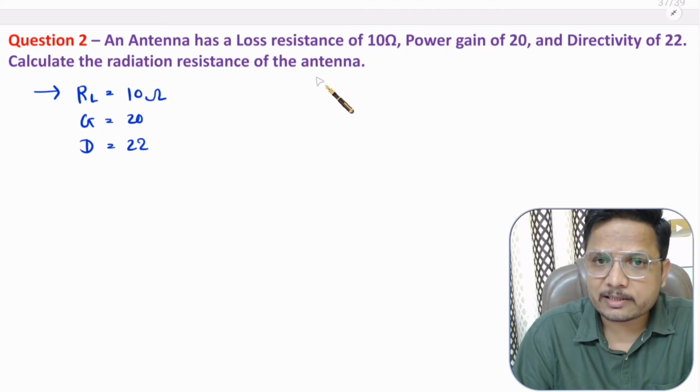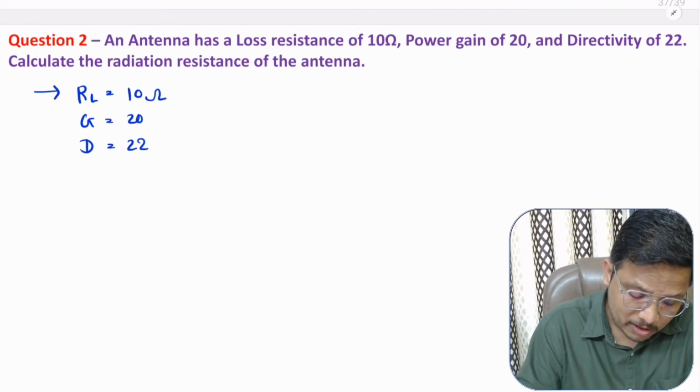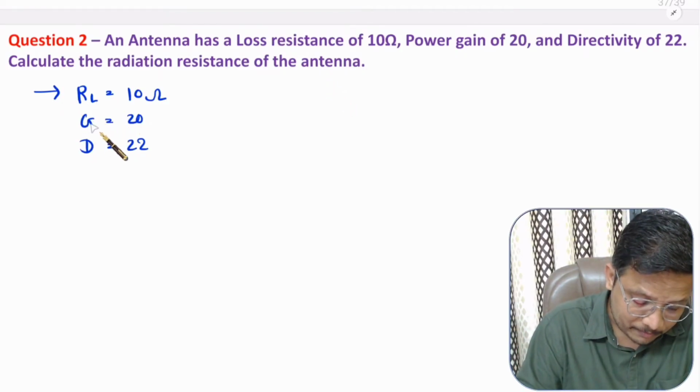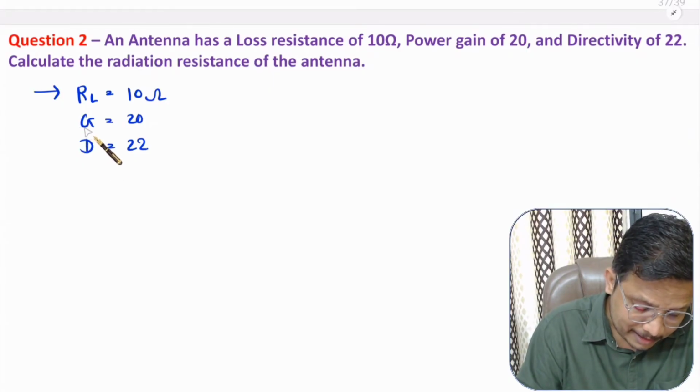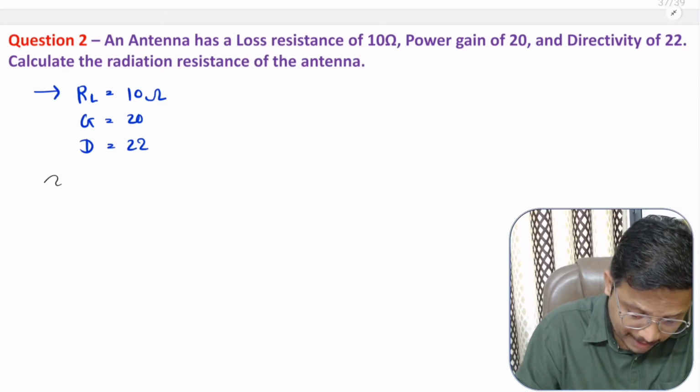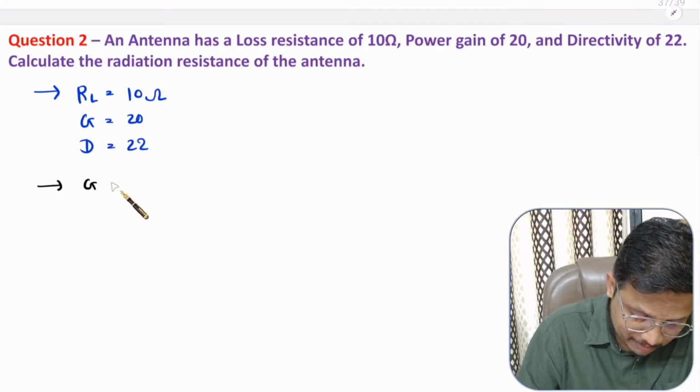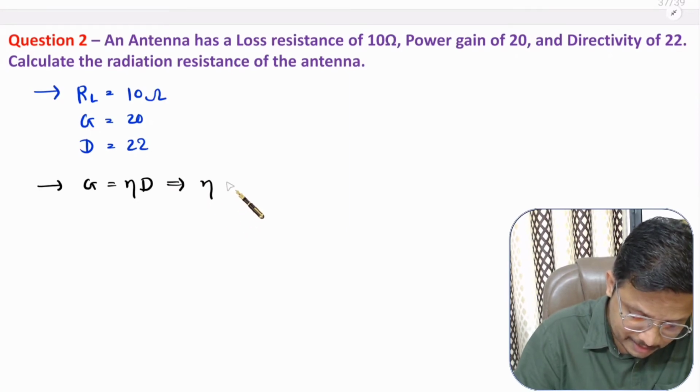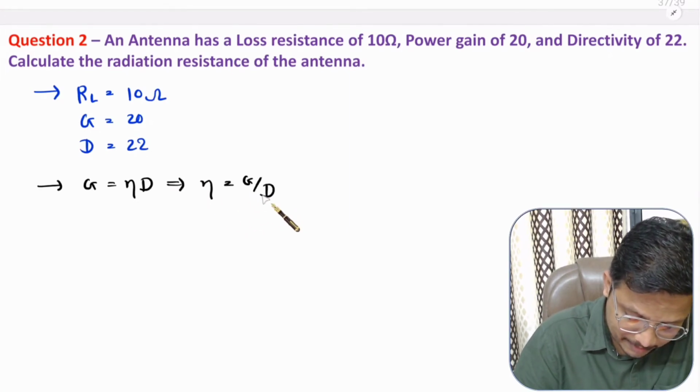Radiation resistance can be calculated based on radiation efficiency, and radiation efficiency can be calculated based on gain and directivity. If you want to calculate radiation efficiency, then gain is equal to radiation efficiency into directivity. Based on that, radiation efficiency is gain divided by directivity.